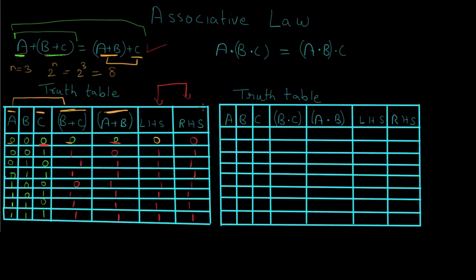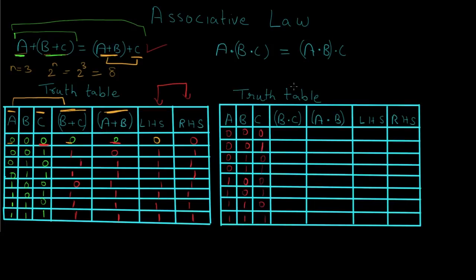Now again, first I'll fill up the variable values. So I'll just repeat again. For the variable a, I write 4 times 0, then 4 times 1. For variable b, I write 2 times 0, 2 times 1 and repeat that. And for variable c, I write 0, 1 alternately.